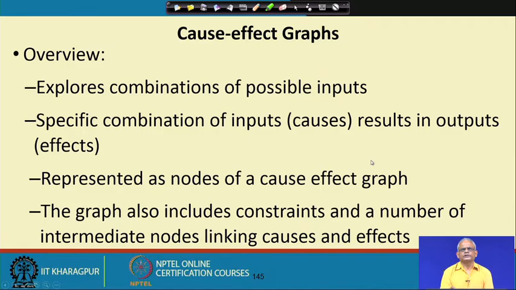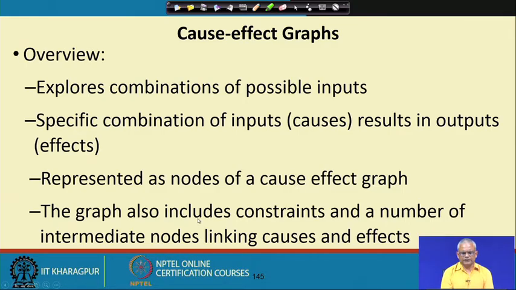As we were mentioning earlier, the cause effect graph provides a systematic technique and graphical symbols based on which we can explore the combinations of different inputs, represent them as nodes and edges in a graph, and then once the graph is developed, we can easily translate the graph into a decision table.